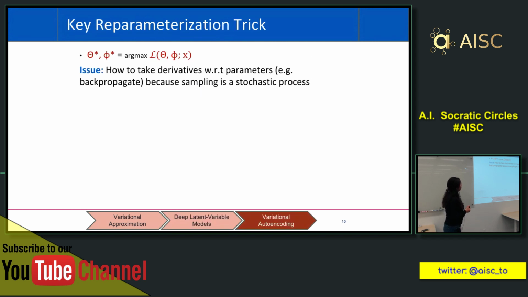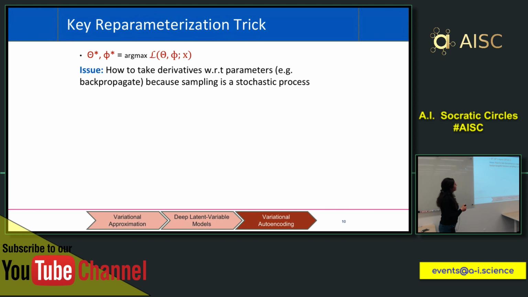variational autoencoders. So far, we learned about that lower bound, and we realized that it's a function of theta and phi. So the goal here is that if I find the optimal phi and theta, the problem is solved. I'm done.